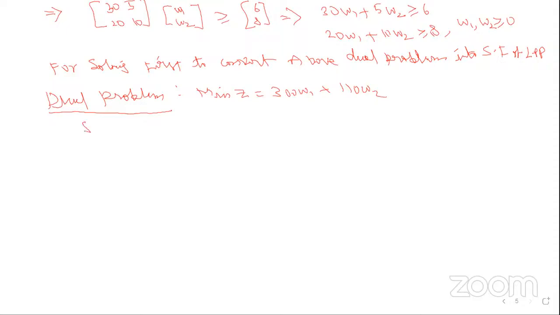Subject to constraints: 30 W1 plus 5 W2 greater than or equal to 6, 20 W1 plus 10 W2 greater than or equal to 8, where W1, W2 are dual variables which are greater than or equal to 0.